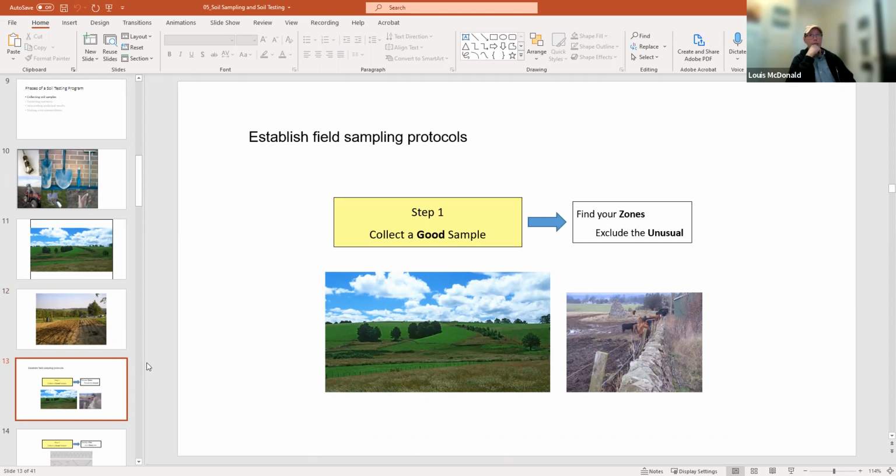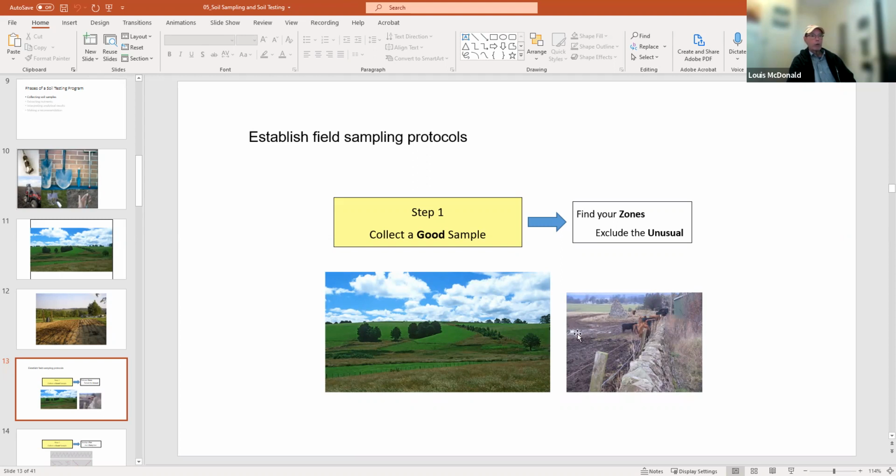The other thing you want to think about, especially when you're sampling fields that have a history of animal use, is to exclude anything unusual. Animals are herding creatures, and so they tend to congregate, especially together and along fence lines. This is probably either a watering trough or where they get fed, and you can see they have torn up the ground right here.